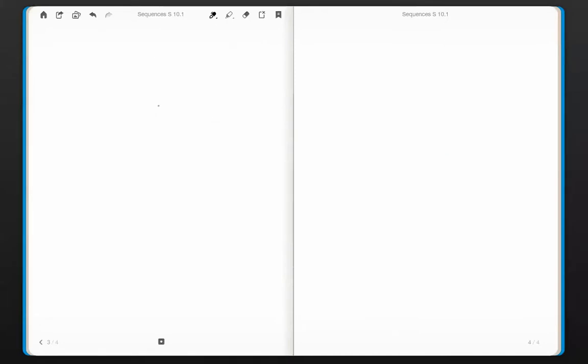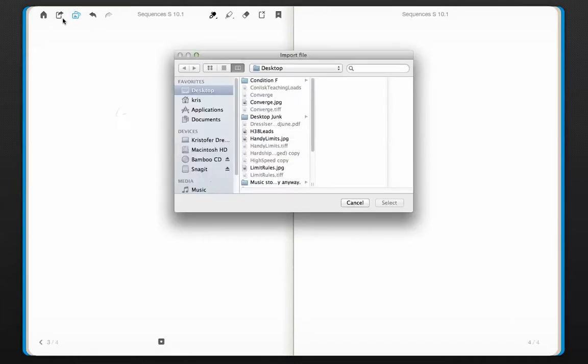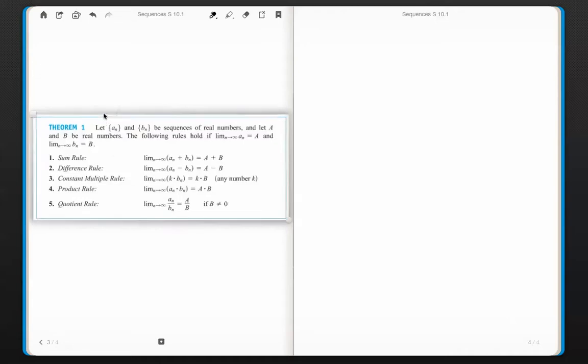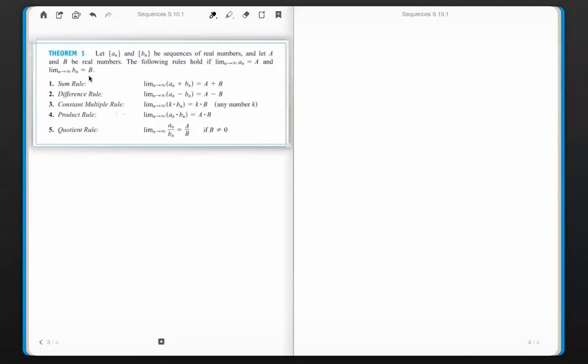Okay, here I'm back, and what we're looking for is limit rules. This is theorem 1. It's on page 553 in your book.